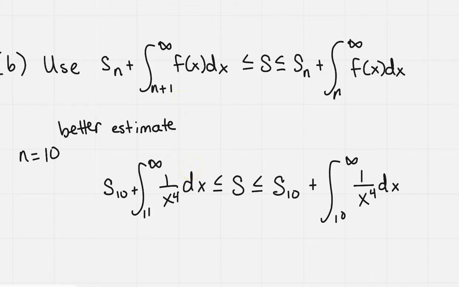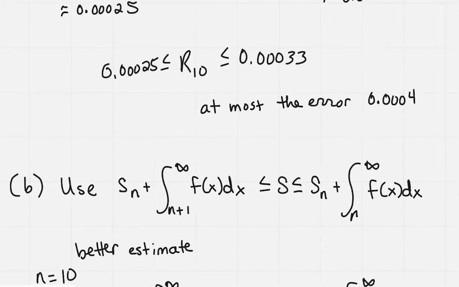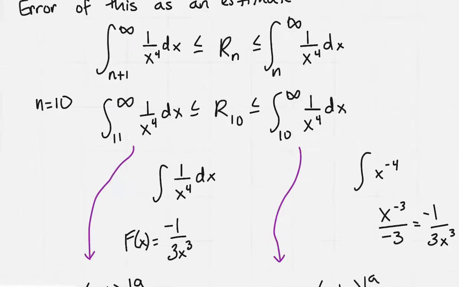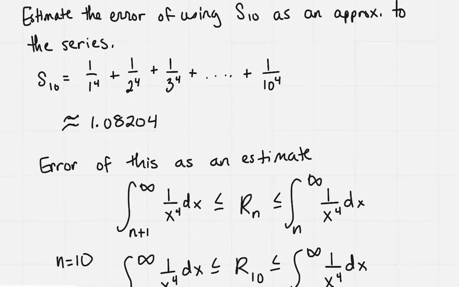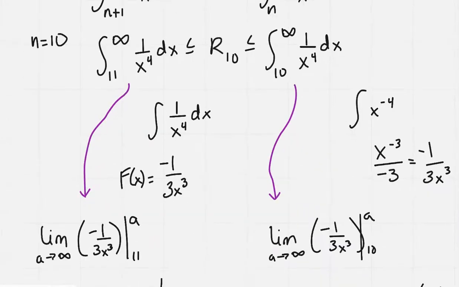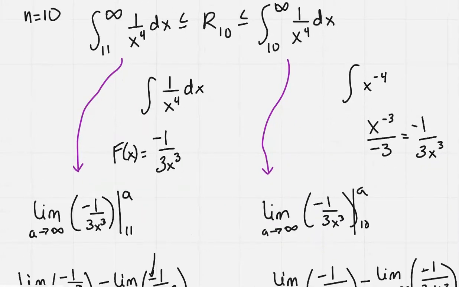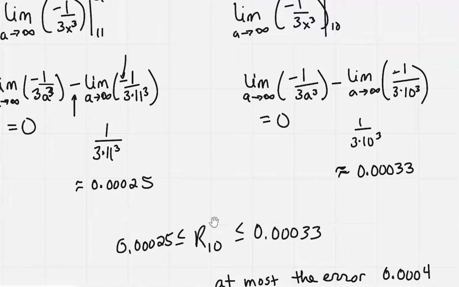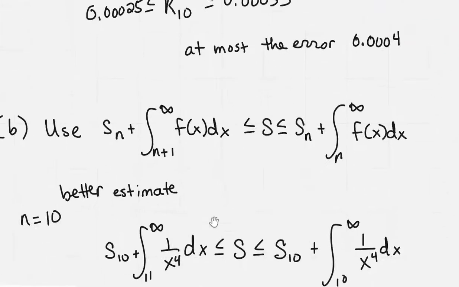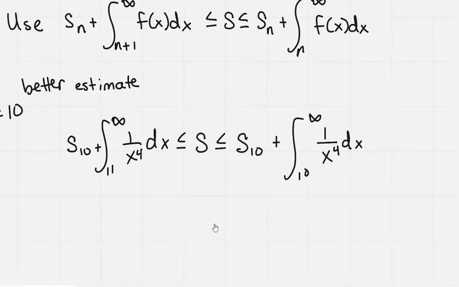The thing to notice here is I've already calculated s sub 10. Way up here, s sub 10 was 1.08204. And I've also already calculated those integrals with the limits starting at 11 and 10. The first one is 0.00025 and the second one is 0.00033 respectively. So I can plug in all of those decimal values.